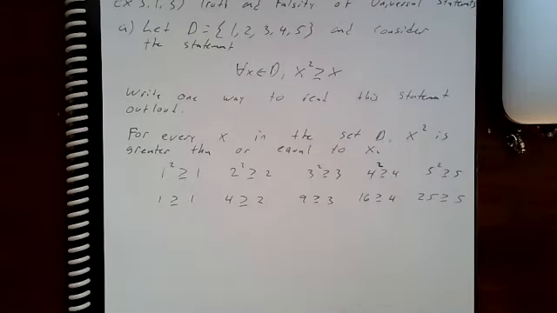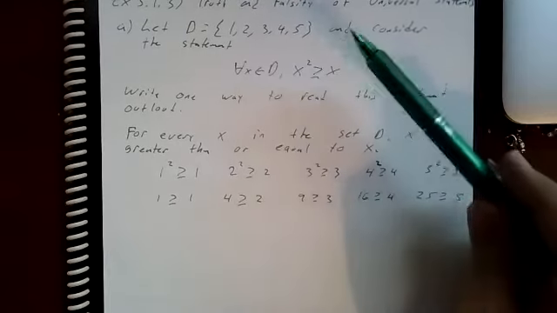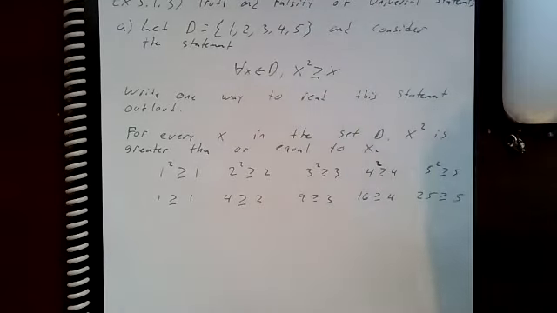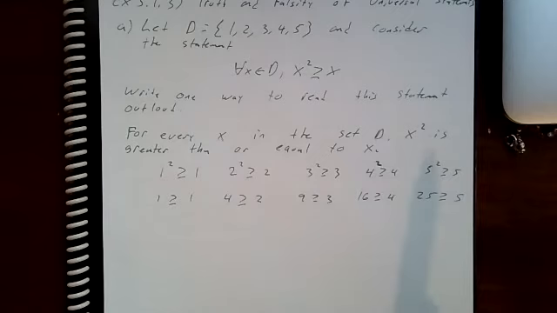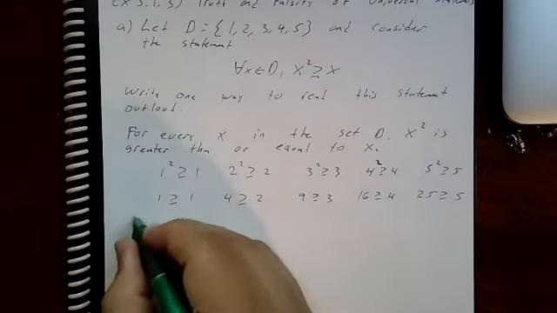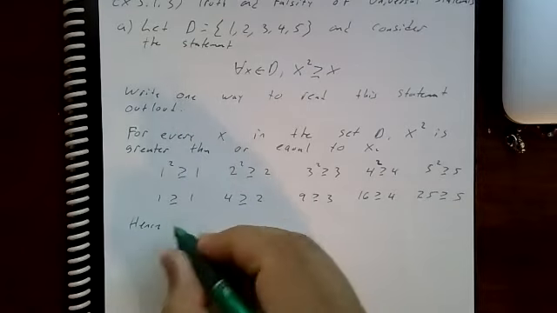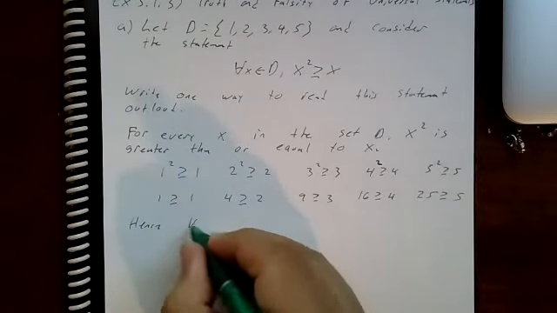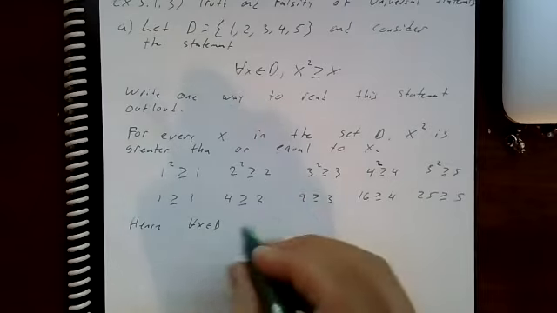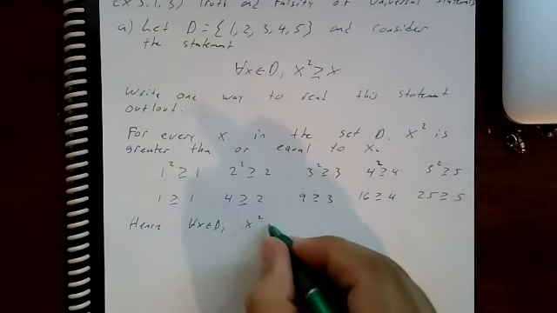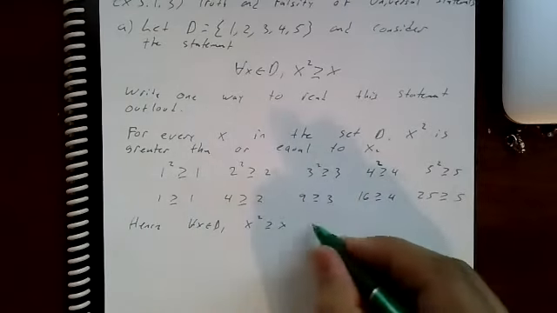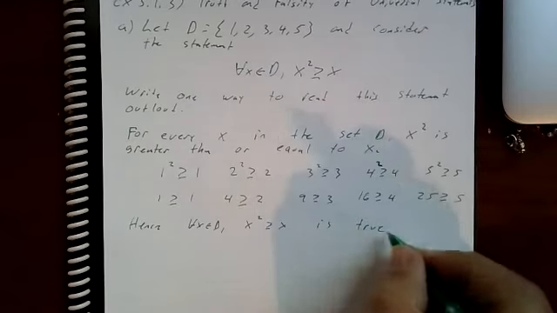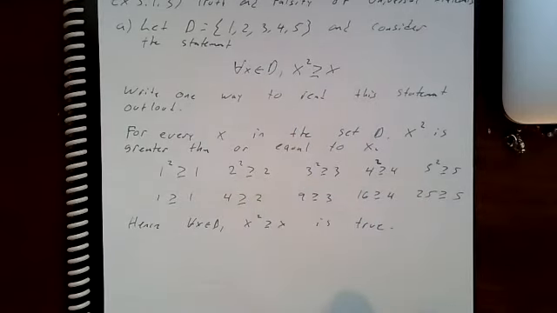So this is true for all x in this domain. The question would probably ask you to show that it is. So hence, for all x in D, x squared is greater than or equal to x is true.